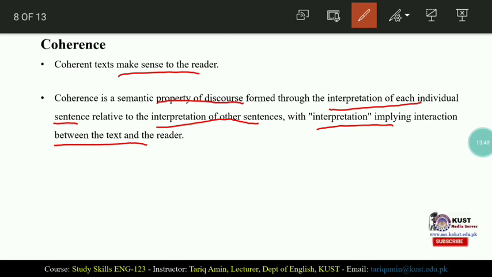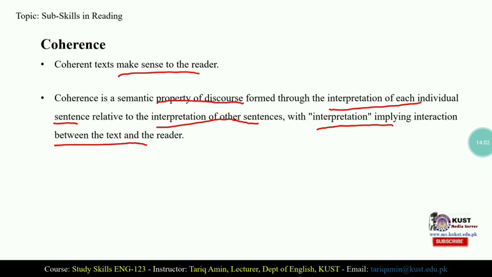It is the human mind that creates different links between the different parts of text and the different sentences. And we do say that the different cohesive devices help make different links between the different parts of sentences, paragraphs, and text.